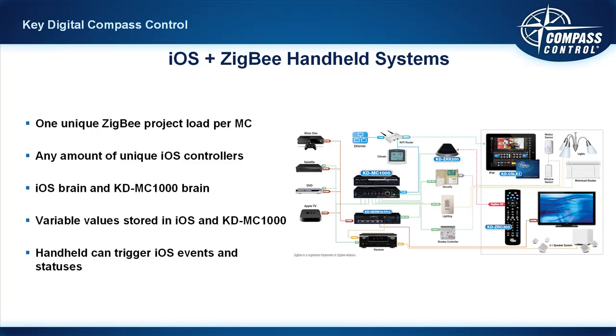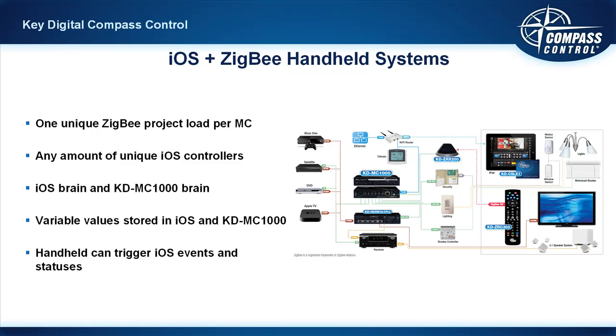We could have as many unique iOS devices in the system as you'd like when you complement the iOS devices with the Zigbee. Now, the current limitation is that one unique Zigbee project can be loaded per master controller. Okay, one unique project. And we'll teach you about what this means, okay?